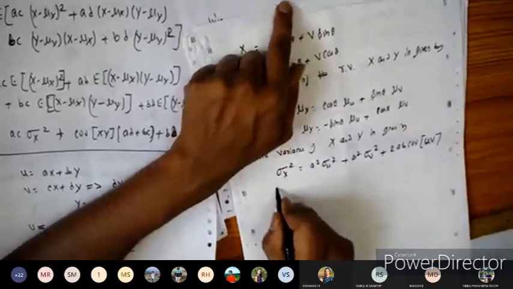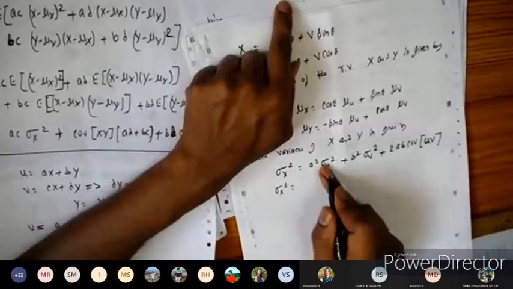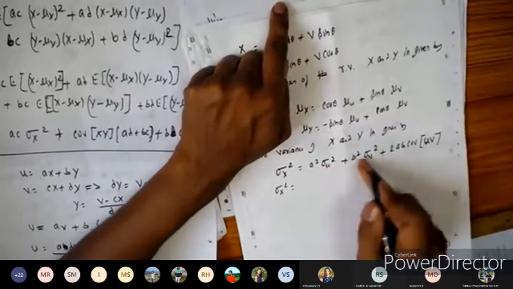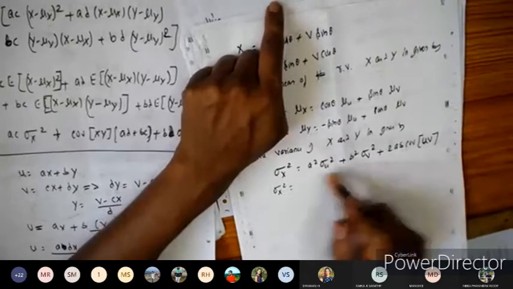So we know sigma x square, we know the value of a here, and we know the value of b, and we know this one. So a is nothing but cos theta, b is nothing but sin theta here.